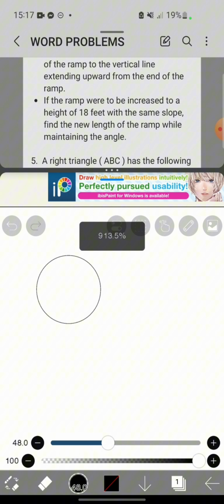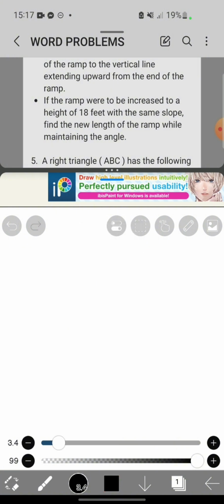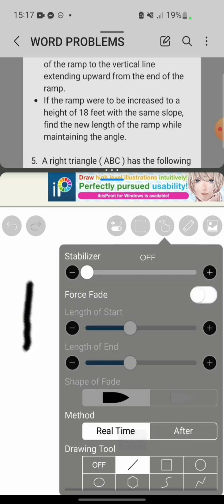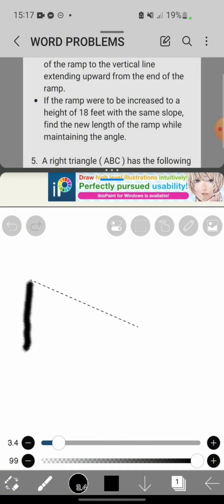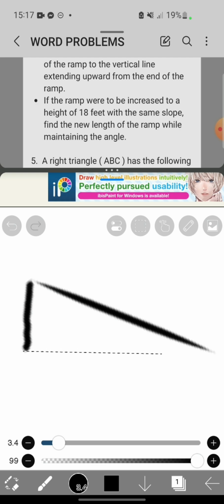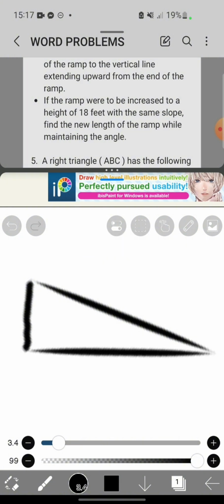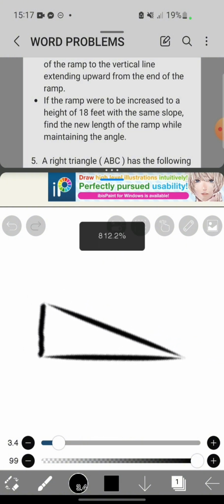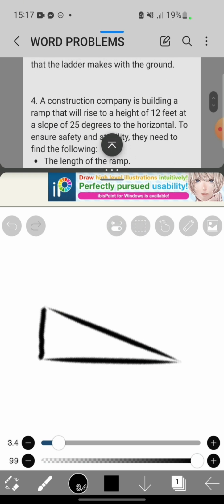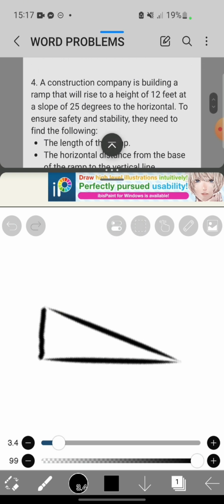So okay, first let's draw the ramp. The ramp looks like this. For the given, the ramp rises to a height of 12 feet.